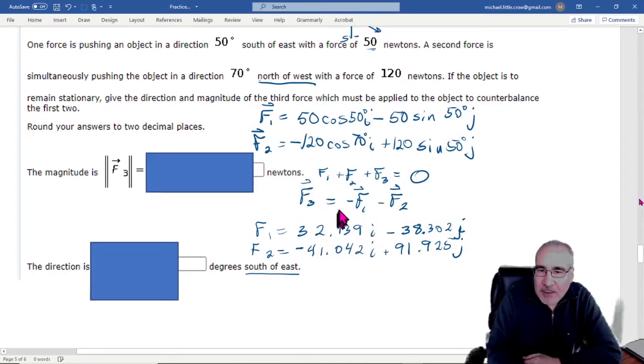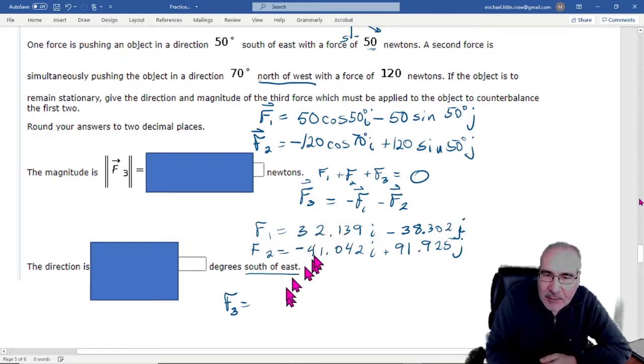Okay, so now, again, just looking here, we're going to take minus F1 minus F2. So remember, we do it sort of component by component. So F3, I'm just going to kind of jump to this. We're going to take negative this plus negative this. Okay, I'll write it down. So F1, so we get minus 32.139.